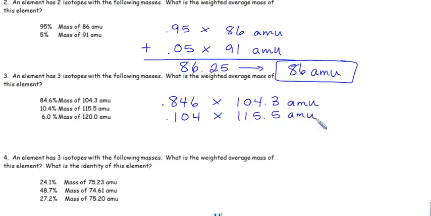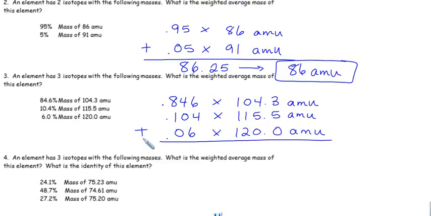And now this 6%, I still have to move that 2 places. So this should look like 0.06 times 120.0 AMUs.